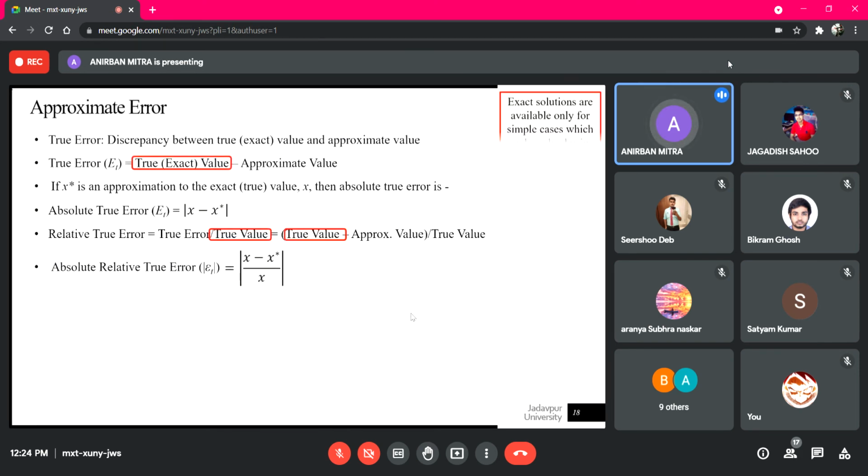But here we need to consider one thing. We have the true or exact value in these definitions. But exact values or true values are only available for certain situations, often for simple cases. And these exact values are obtained as a result of certain analytical solutions.